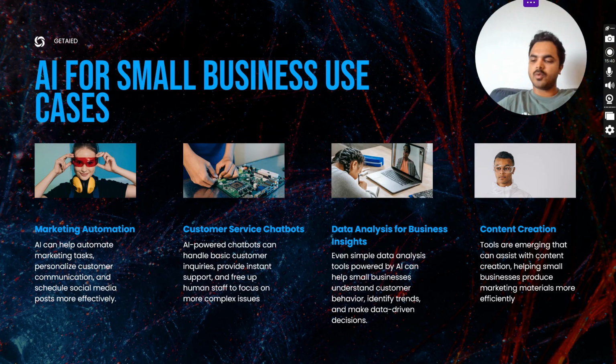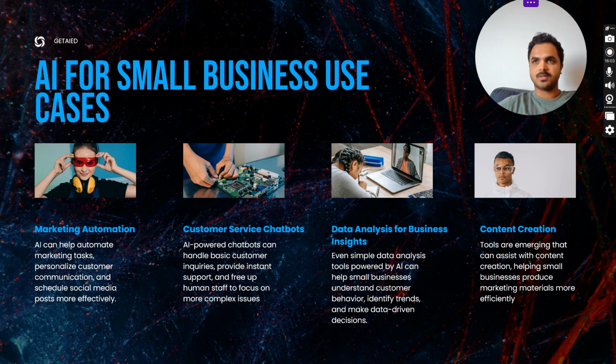With the use of AI, we can understand the customer data and create personalized content so that the sales turnover is much higher. And we can also schedule or create social media posts with AI.